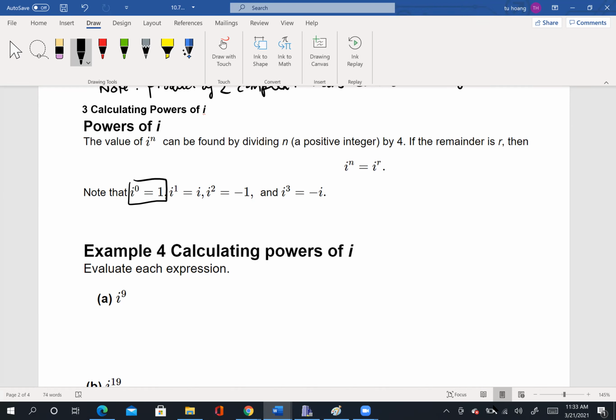What is that going to be? We know that 9 divided by 4 is equal to 2, remainder 1.